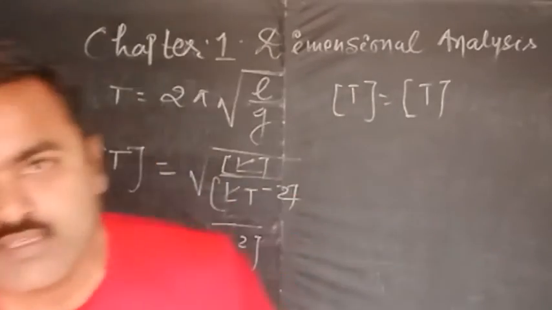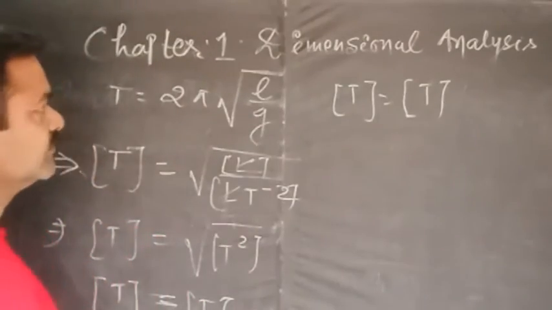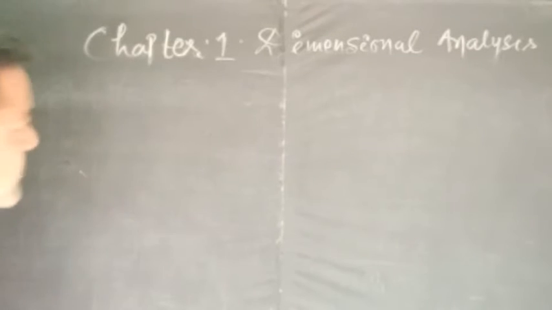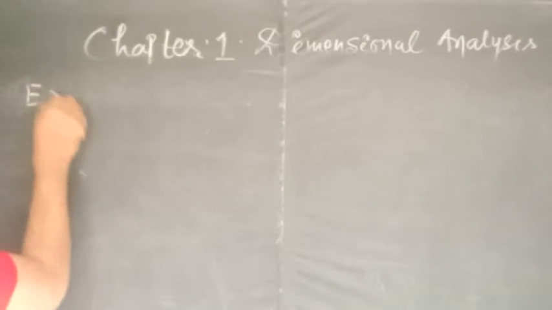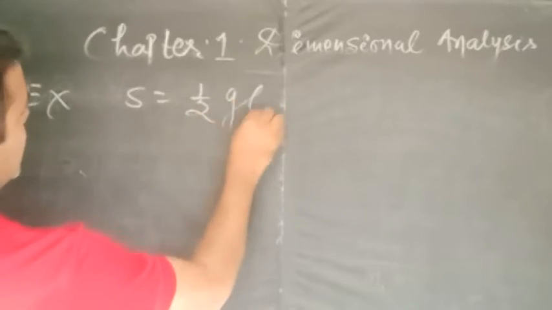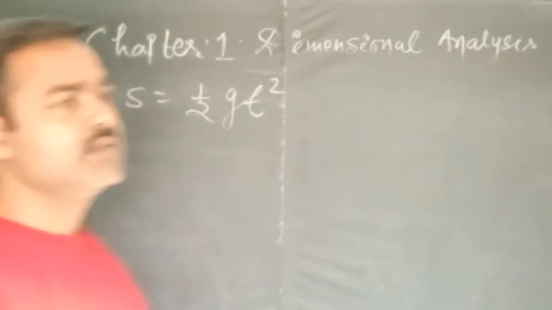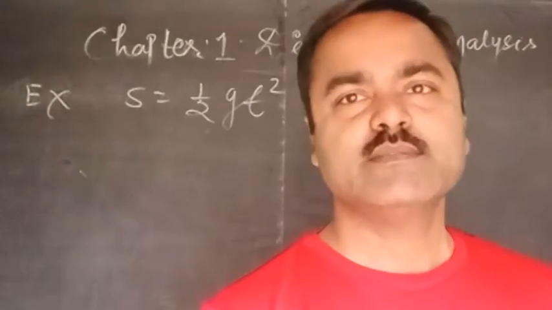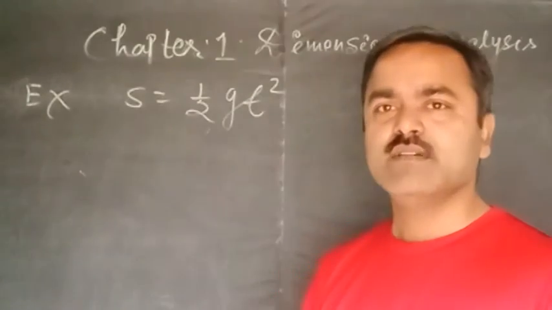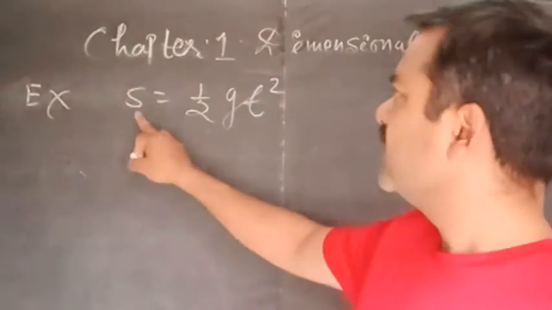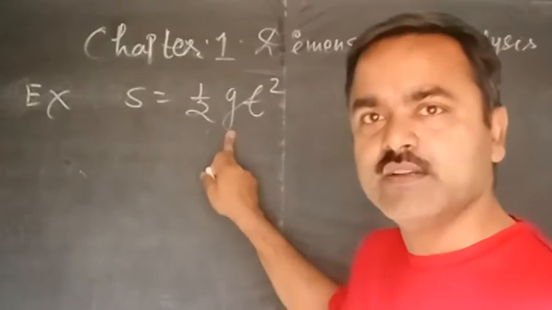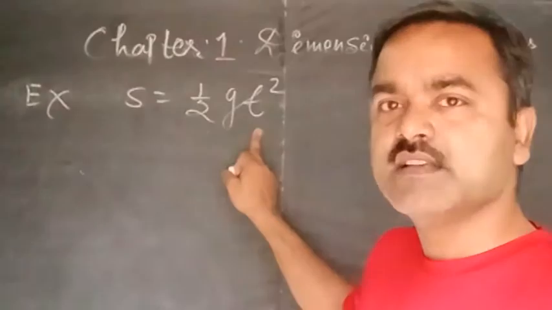Okay, so let us see the next. Suppose one question is given, S = (1/2)gt², and the question is to check whether this one is correct or not. So just put the dimensional formula on both sides. Here S stands for distance, g stands for acceleration due to gravity, and t is the time.